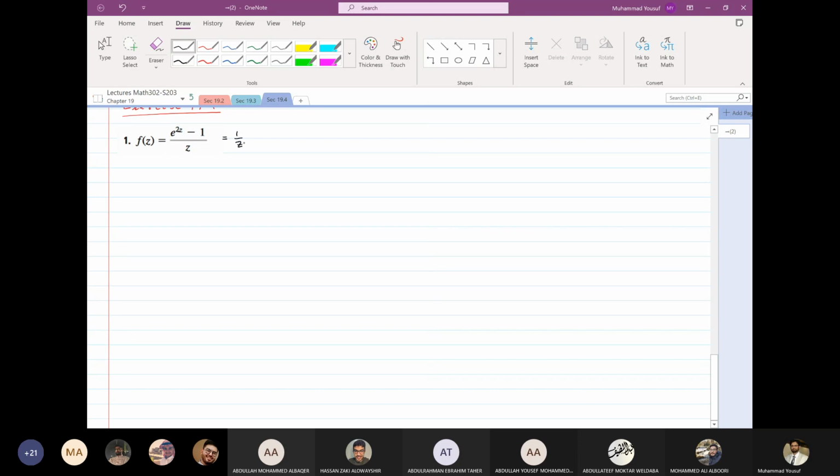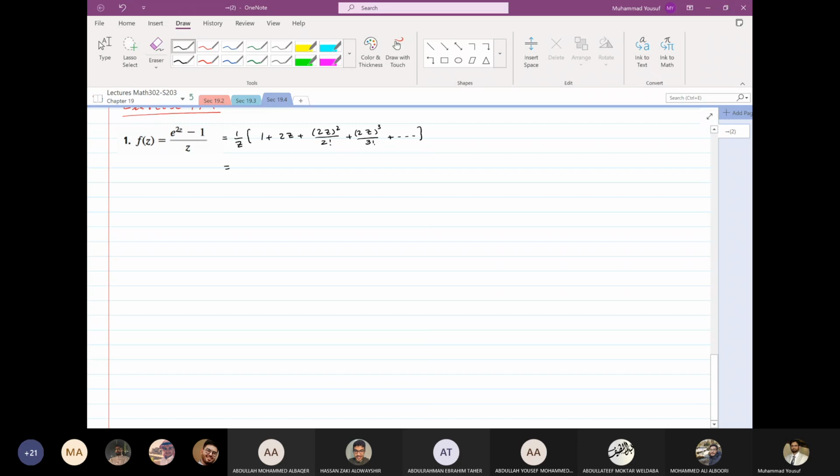So first of all, we expand e power 2z, and it will be 1 plus 2z plus (2z) square over 2 factorial plus (2z) cube over 3 factorial and so on.